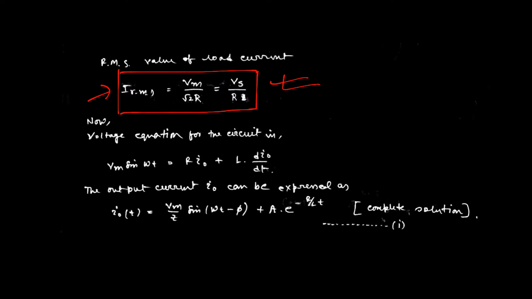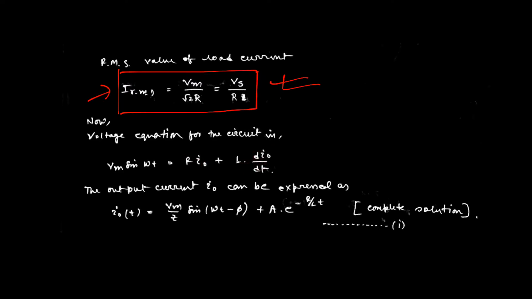Now the main important part: due to the presence of the inductor, we are going to express the whole scenario with a proper expression during steady state operation as well as during transient operation. The voltage equation from the circuit we can derive as Vm sin omega t equal to R into i0 plus L into di0 by dt.